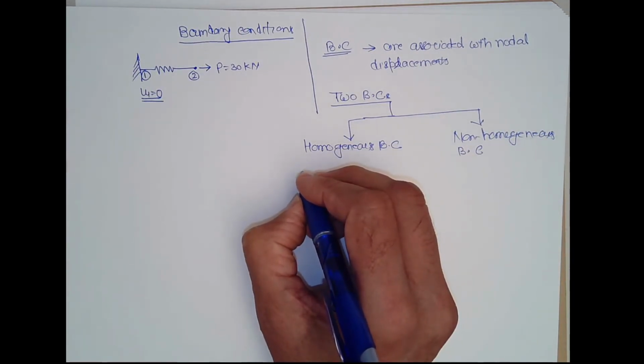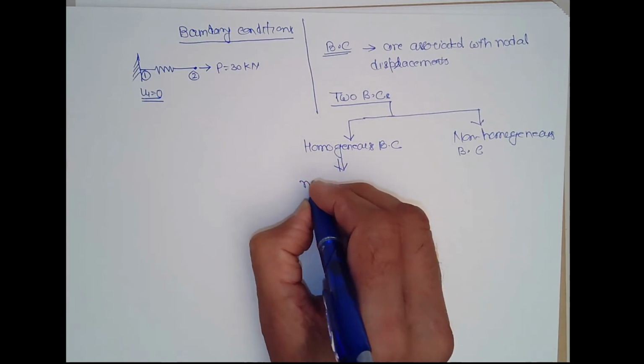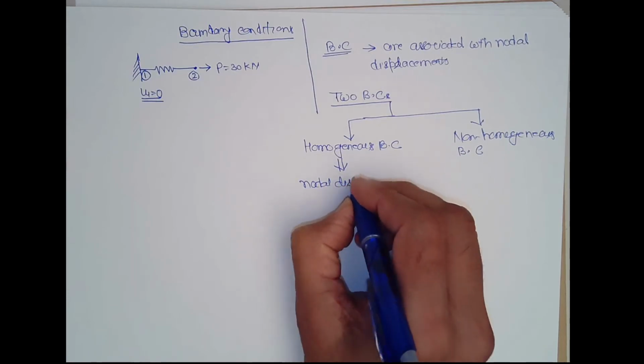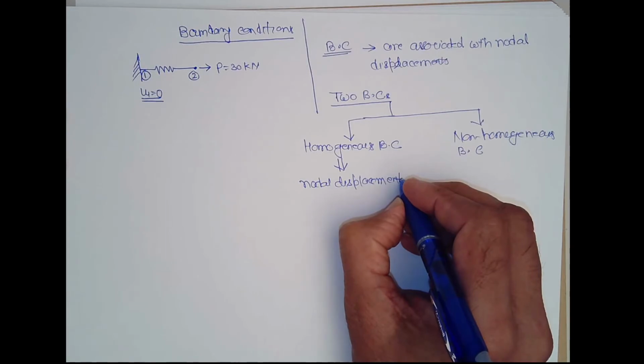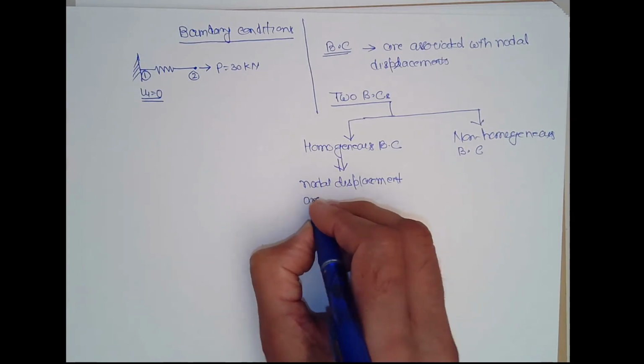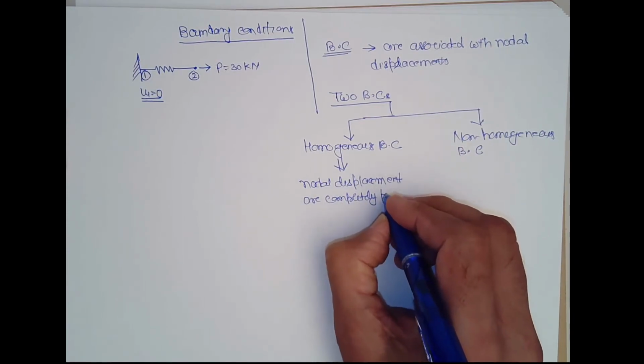Homogeneous boundary conditions imply the nodal displacements, meaning u1, u2, u3, etc., are completely prevented.